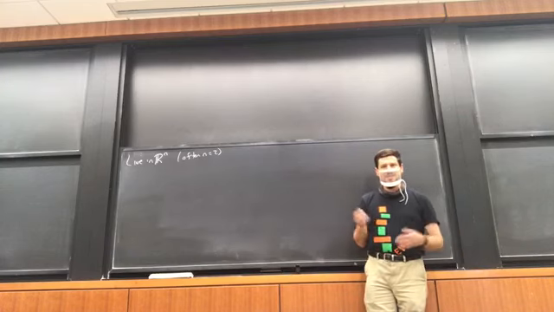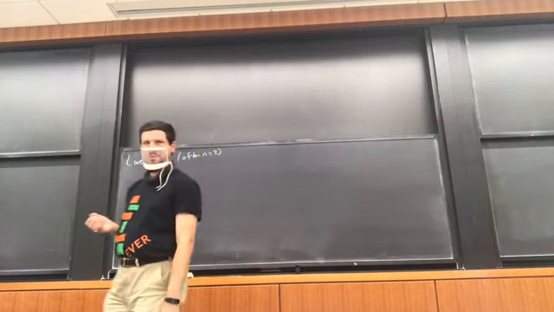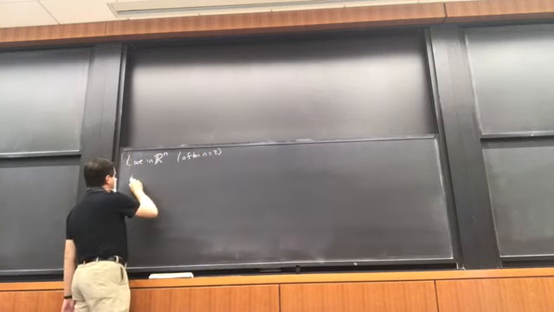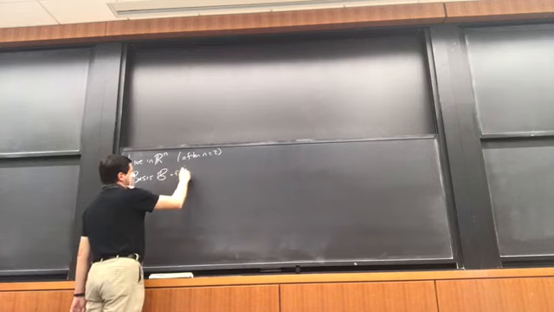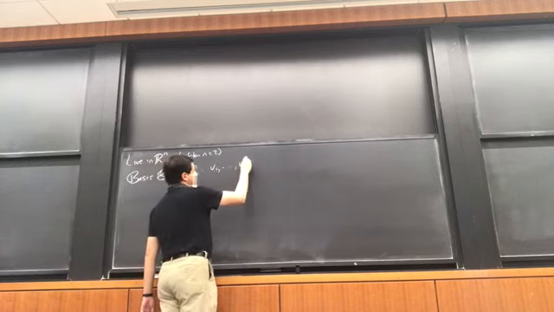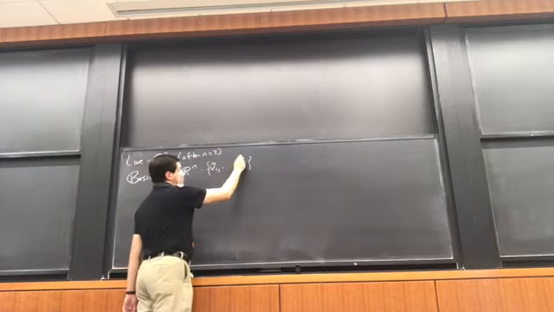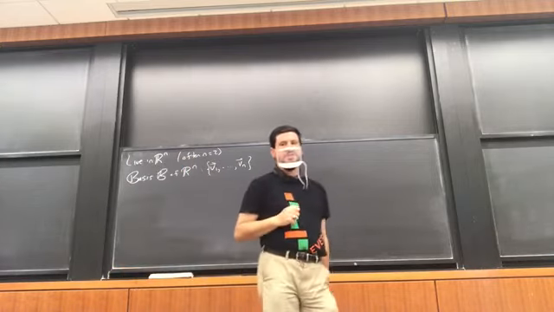But given my difficulty in drawing, let's keep things to a 2-dimensional argument. So we take a basis B of Rn, V1 to Vn. And I will put arrows on them just to remind us that it's a vector.